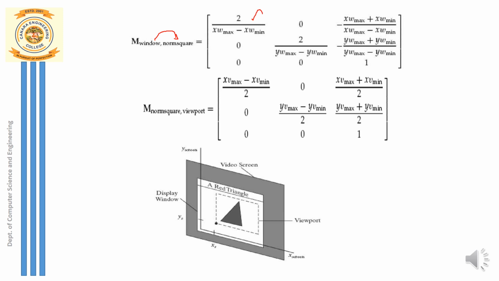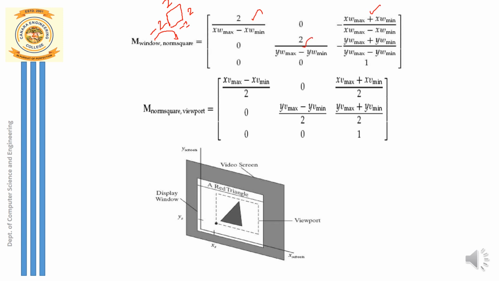I'm assuming that the normalized square here is of size 2, from -2 to 2, and again the bottom is also -2 to 2. This is the size. So now here you can see 2 divided by xw max minus xw min, and this is the factor there. So this is a mapping done.